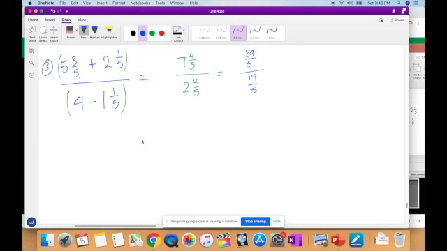Now we could invert and multiply 39/5 multiplied by 5/14, and the answer is 39/14. And as a mixed number, what would this be? 2 and 11/14. Right, good job.